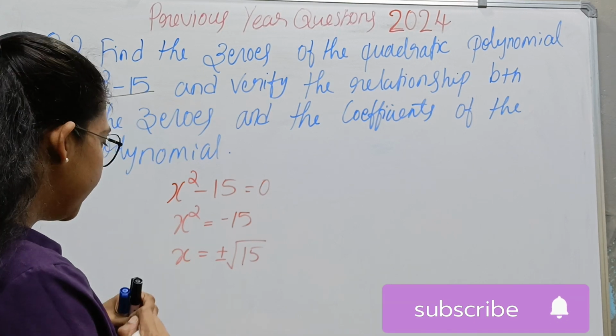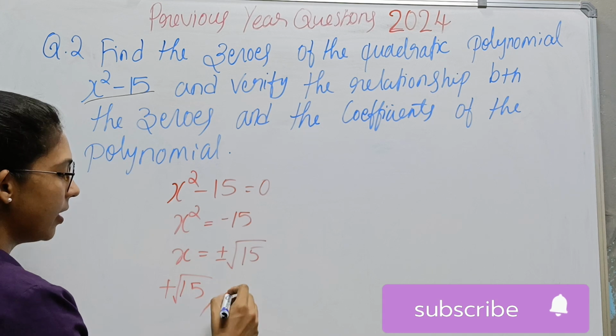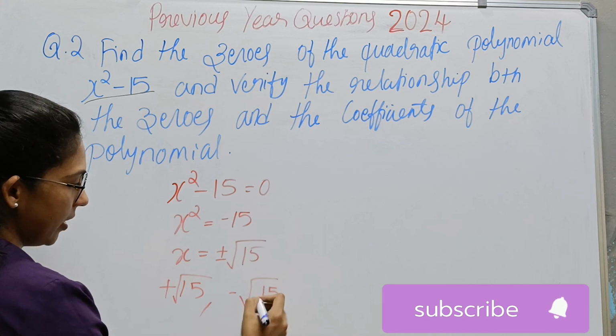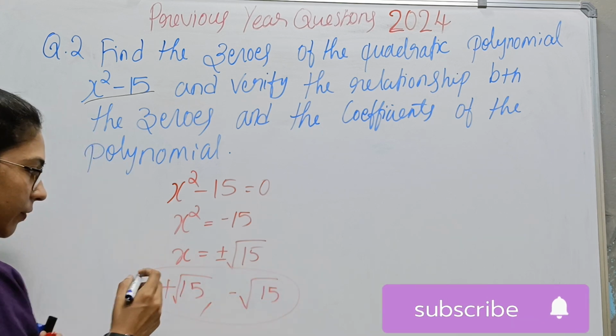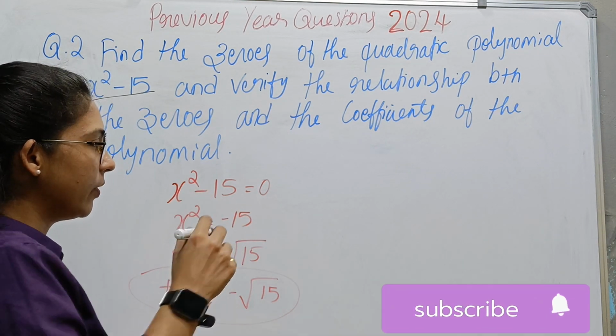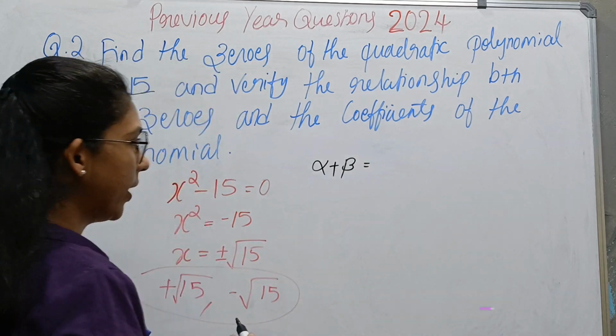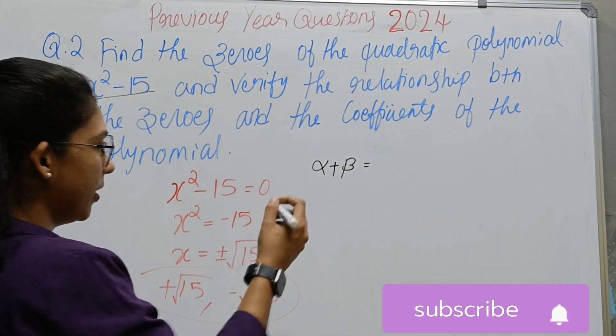Plus root 15 is there, minus root 15 is there. So these are the zeros of this polynomial. Now for verification, let's find alpha plus beta. What is alpha plus beta here?